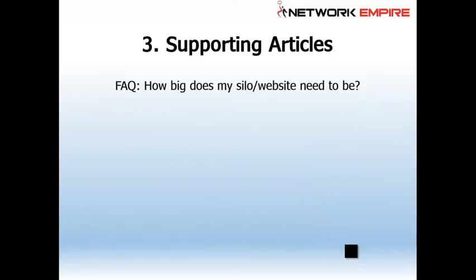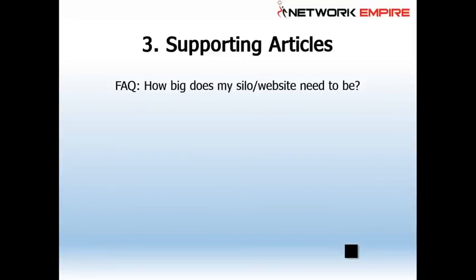So, point number three: I've had so many people ask me, how many supporting articles do I need for a theme? And I've always had to fall back to Bruce Clay's comment that it takes a minimum of 5 pages to actually substantiate the theme.